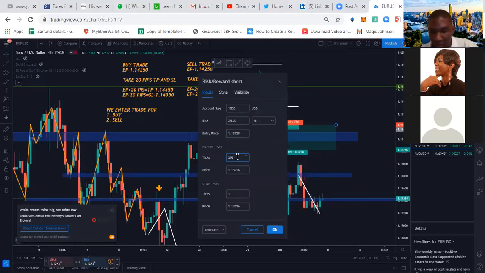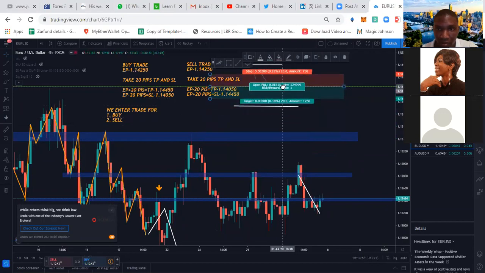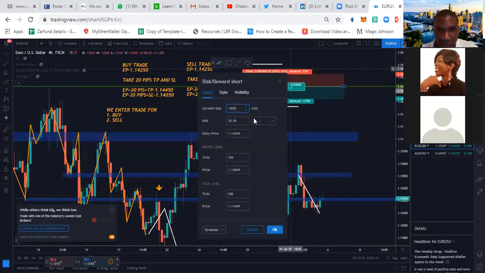Take profit is 200. Stop loss is 200. It's meant to calculate it. I'm not sure why it's having some issues now. Okay, so 200.